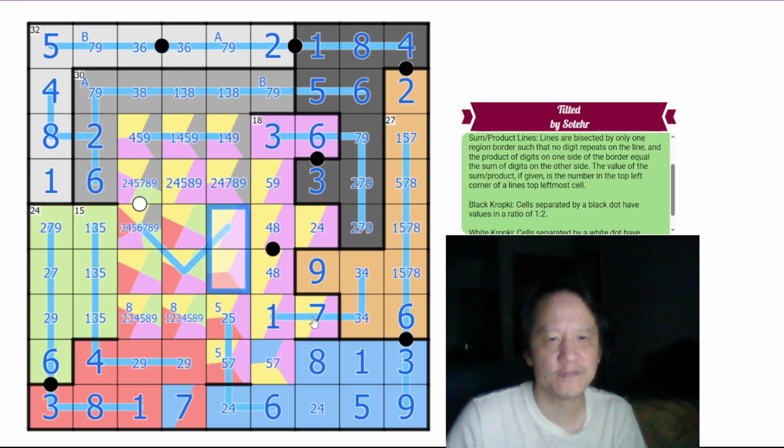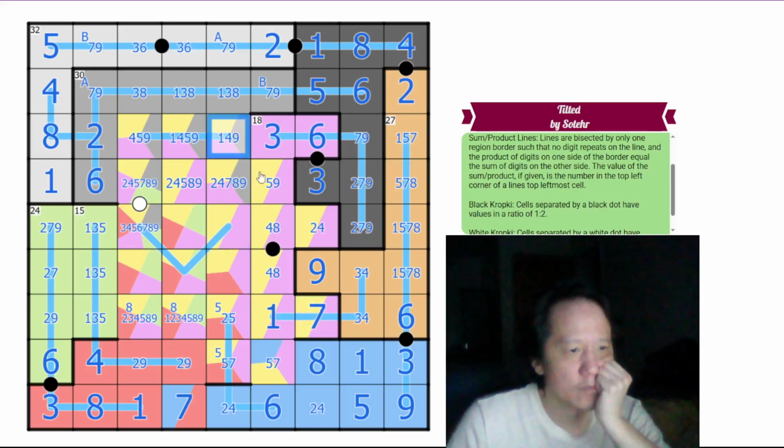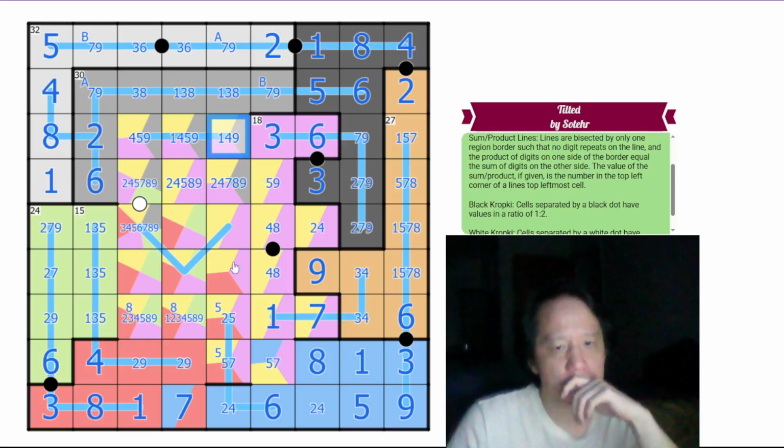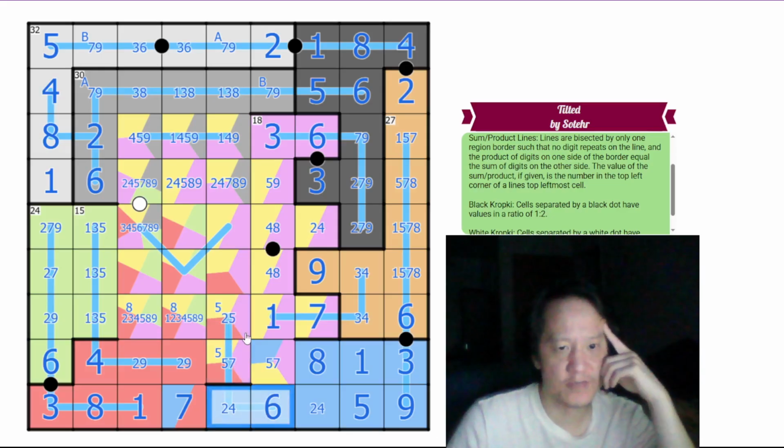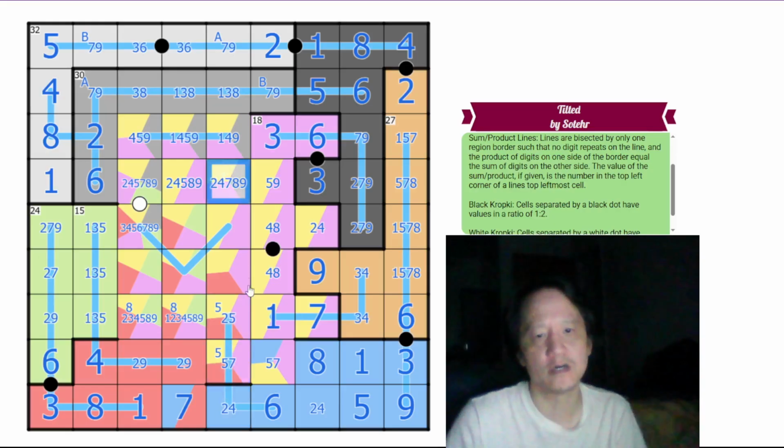So this can't be 5. I think 2 has to be one of these guaranteed also, right? If this is 5, 7, this is 2 times 6. If this is 2, 5, obviously 2 is in the column. So 2 has to be one of these two, which means this can't be 2 either.